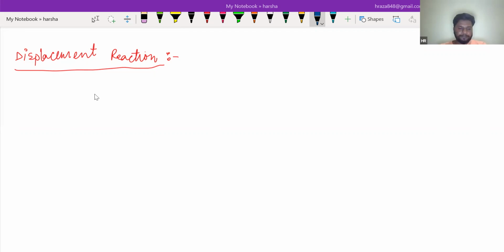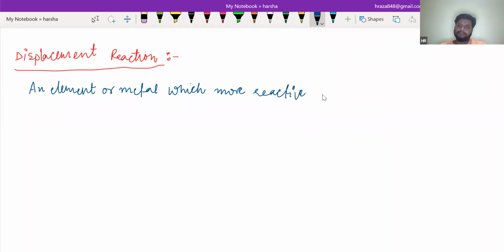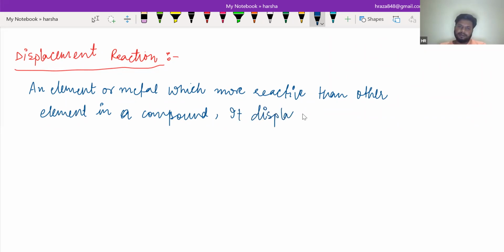So I'm going to define it: an element, or generally a metal, which is more reactive than another element in a compound, or you can call it a salt, displaces the less reactive element, and this reaction is known as displacement reaction.